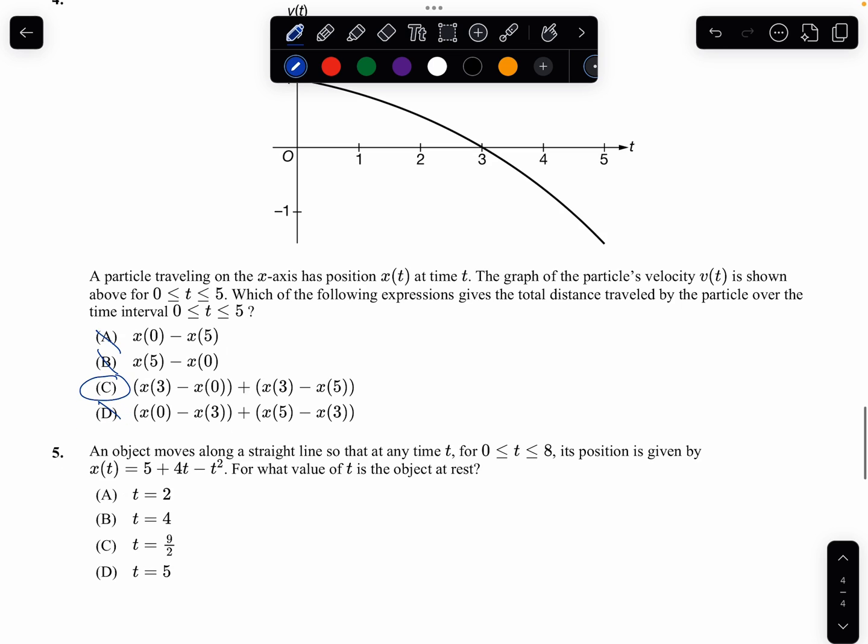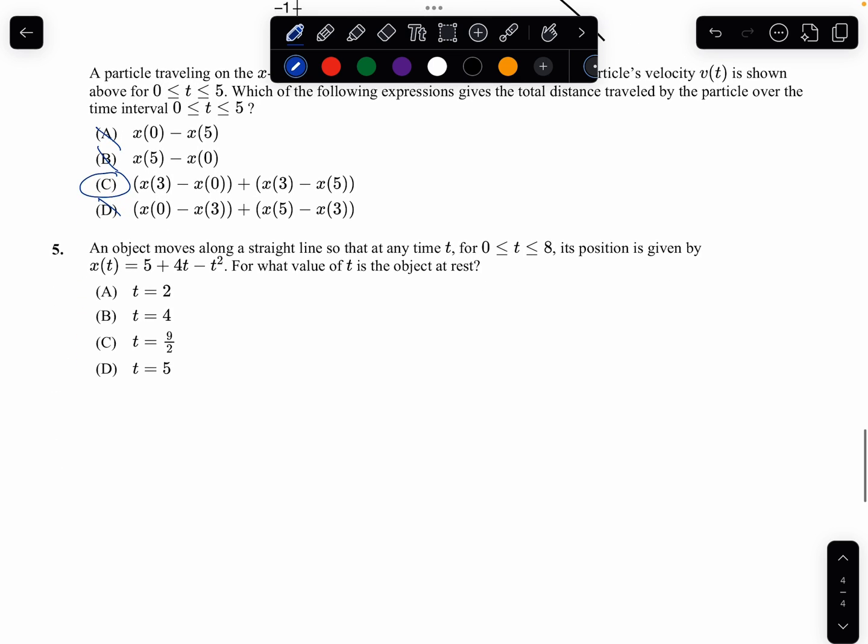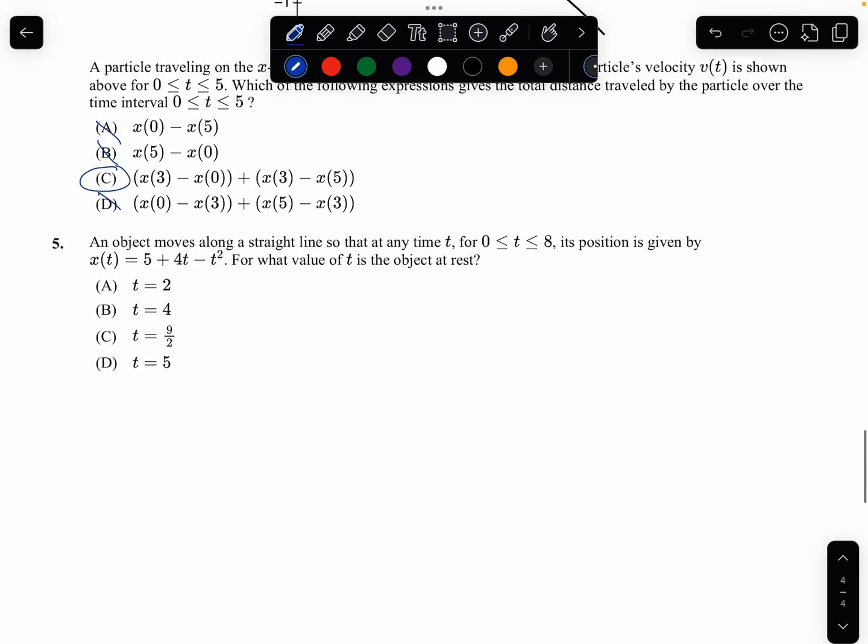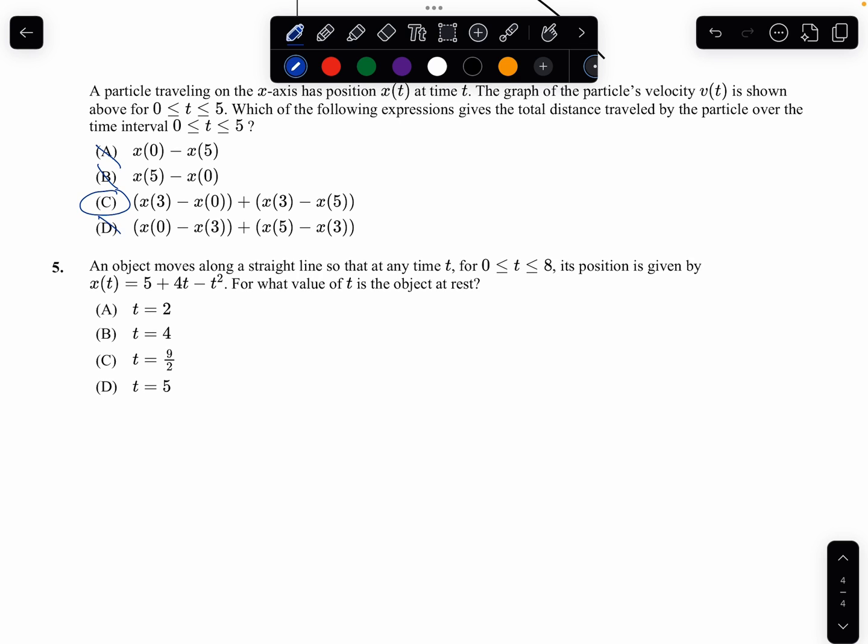So, okay, let's finish the assignment by doing the fifth example. An object moves along a straight line so that at any time t from 0 to 8, its position is given here. For what value of t is the object at rest? The object at rest, that's a key phrase for us, that should tell you when the velocity is equal to 0.